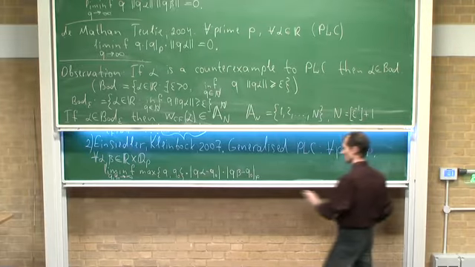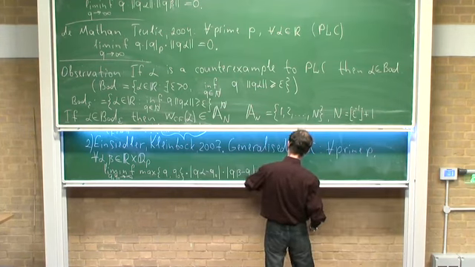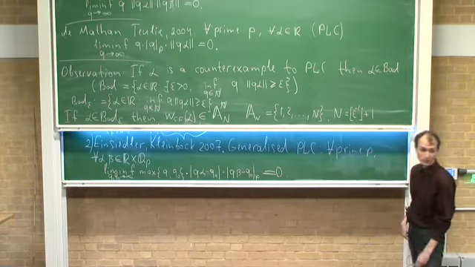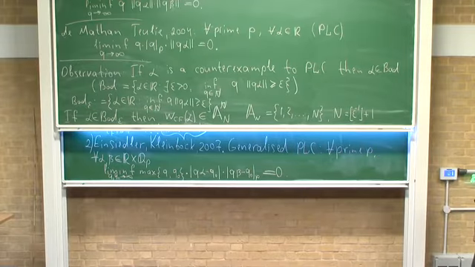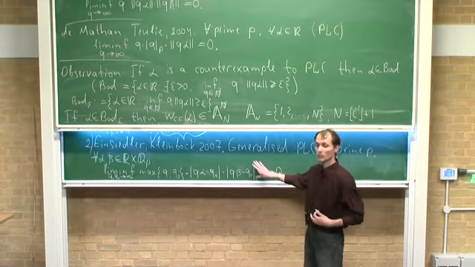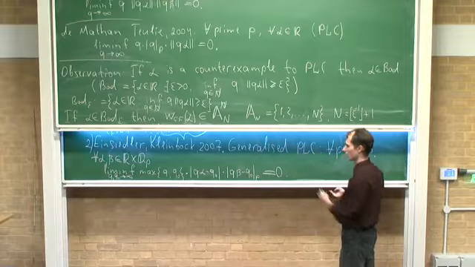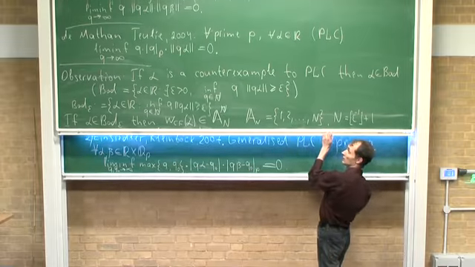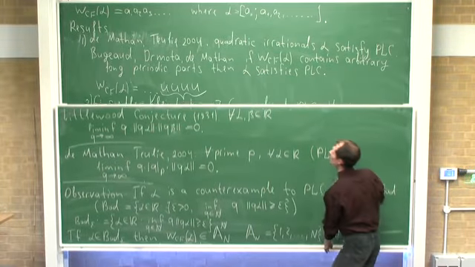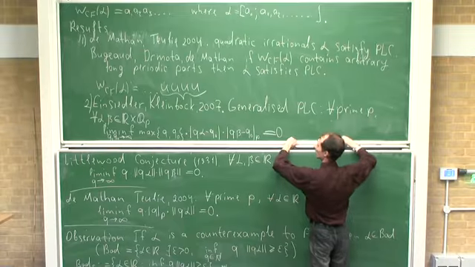This lim inf must be 0 for every pair alpha and beta. So this is the generalization of the periodic Littlewood conjecture. They actually consider this problem instead of the initial periodic Littlewood.